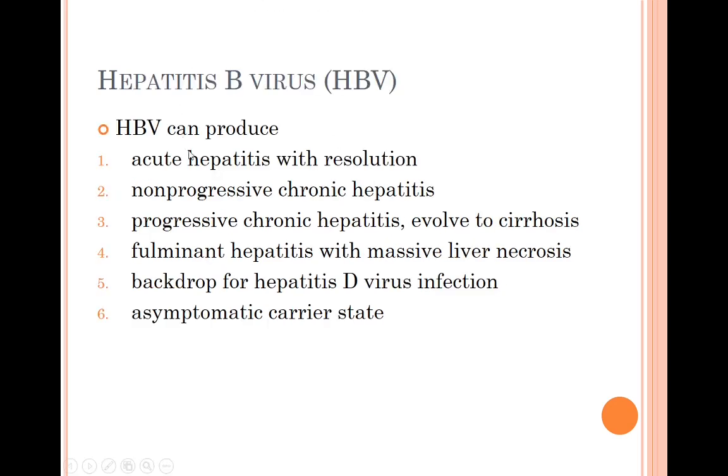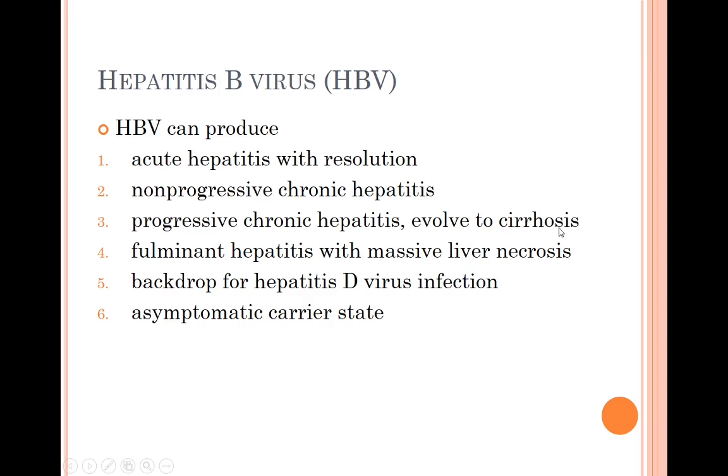Hepatitis B virus can produce so many things. There can be just acute hepatitis with resolution like hepatitis A, or it may be a non-progressive chronic hepatitis. This is if the person is lucky, this happens. But the not so lucky ones will have a progressive chronic hepatitis, and this progression can lead on to cirrhosis. Okay, and once cirrhosis sets in, it's absolutely irreversible.